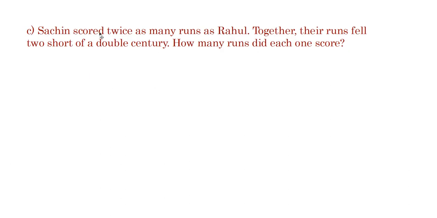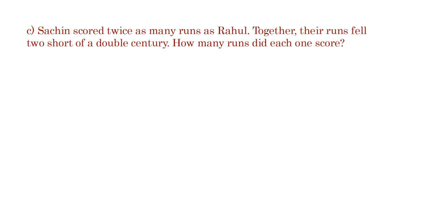This is question number C of question 2. Sachin scored twice as many runs as Rahul. Together their runs fell too short of a double century. How many runs did each one score? Sachin scored double of Rahul.